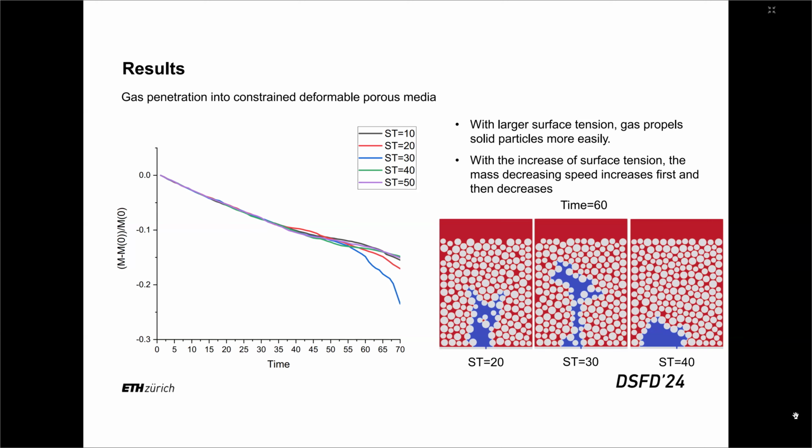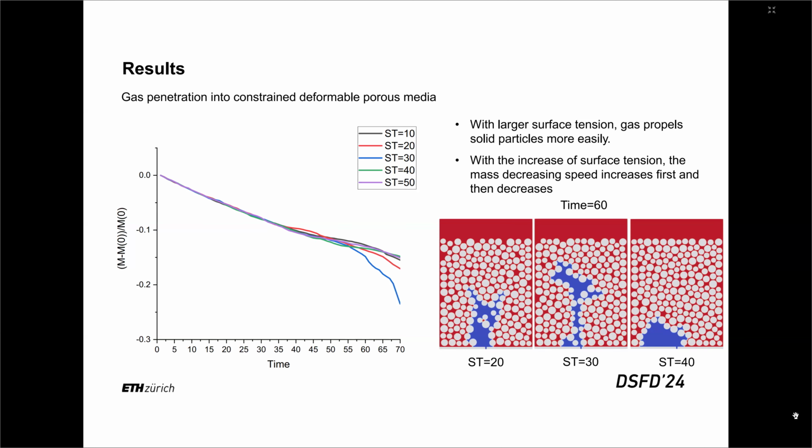We can find that when the surface tension increases from 10 to 20, the gas penetration rate increases. That's because when the surface tension is small, a sharp bubble is formed, but the propelling force is small, so the penetration rate can be bigger a little.